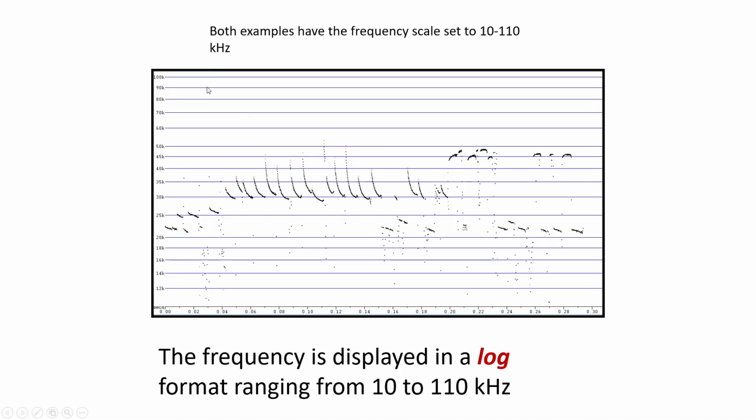If we had some Vespertilionids, like little Myotis or something, they would start showing up here, and they wouldn't be distorted. So this is displayed in a logarithmic or log format. The suggestion is not only to set your frequency for the range of species in your area, but to use a logarithmic scale, not a linear scale.